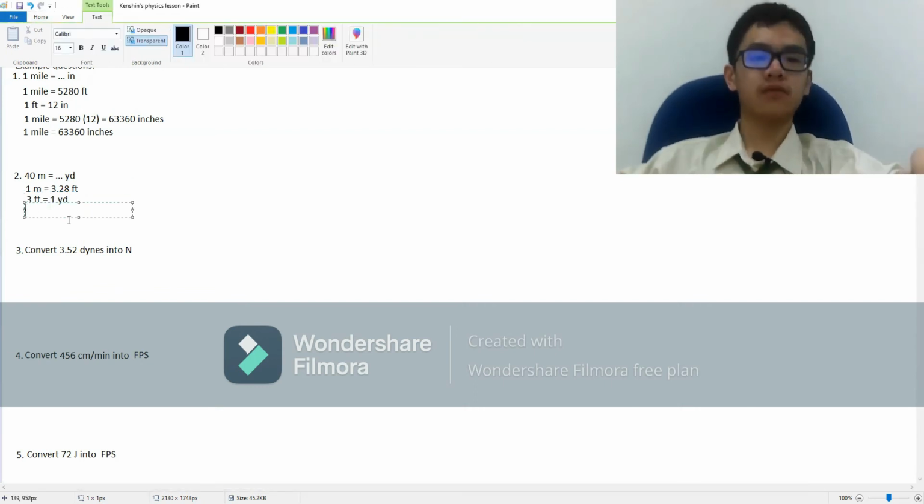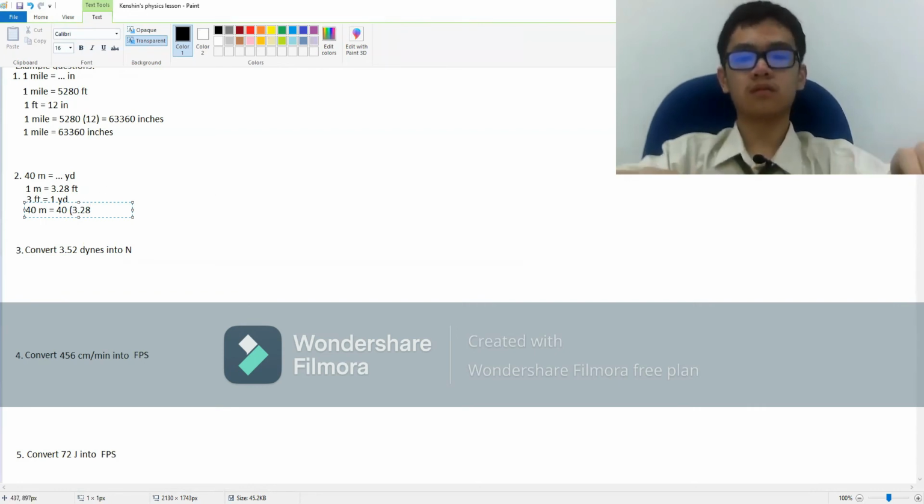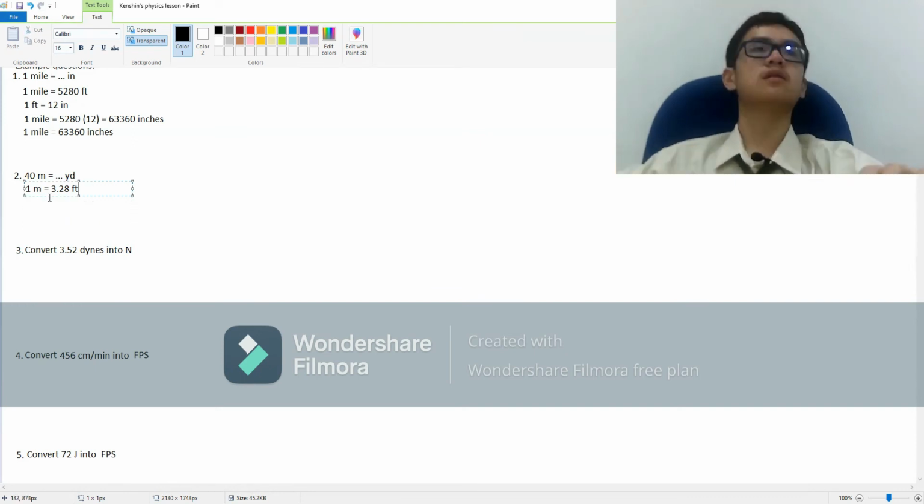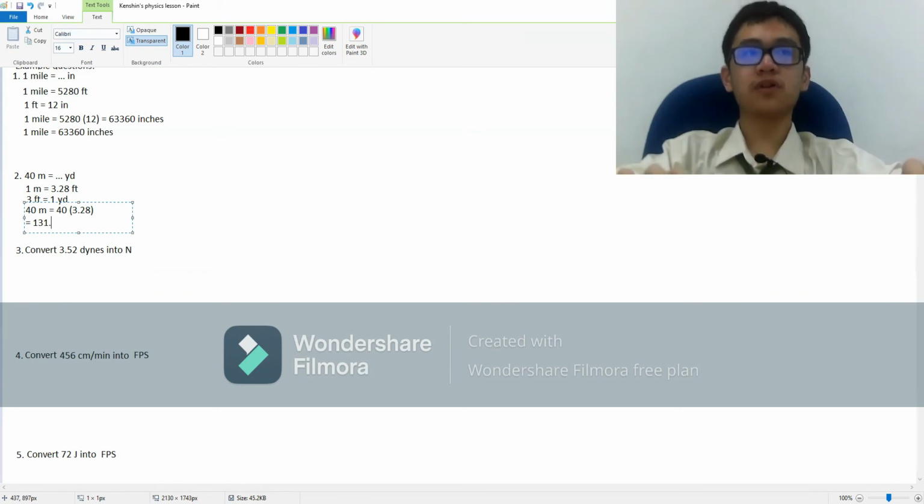So right here we have 40 meters. It's equal to 40 times 3.28 feet. And so we get 131.2 feet.